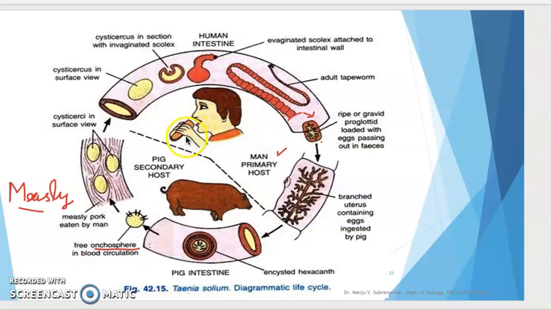This transmission occurs only if the meat is improperly cooked. If the measly pork is improperly cooked, the cysticercus reaches the body of a healthy man.